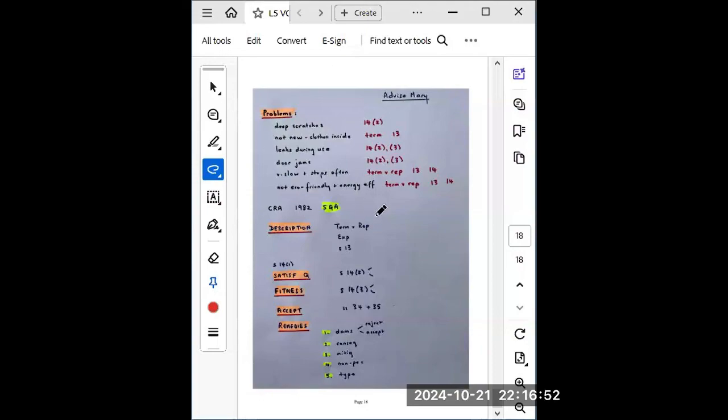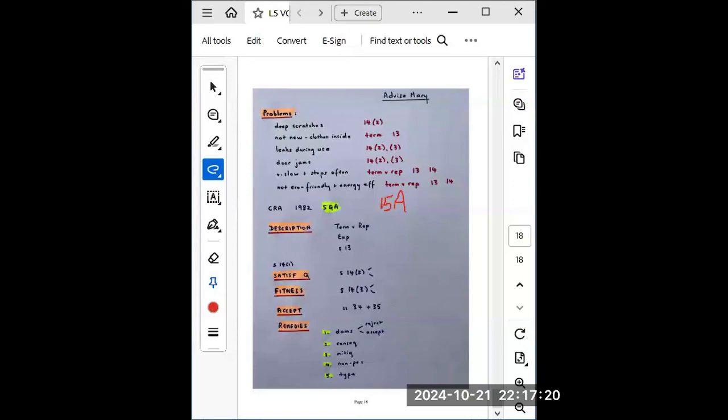So what I'm going to do here is make sure I mention 15A. Maybe I'll do that as part of the intro. All right? So now, having done the introduction, making sure it's not the CRA, making sure it's not the 1982 Act, I'm now confirming that it is the Sale of Goods Act, and our concentration is on 13 and 14.